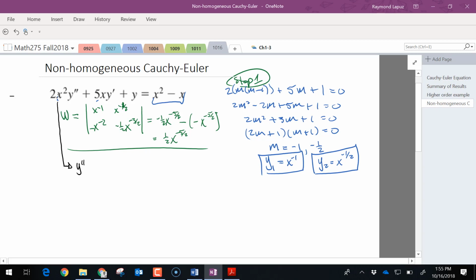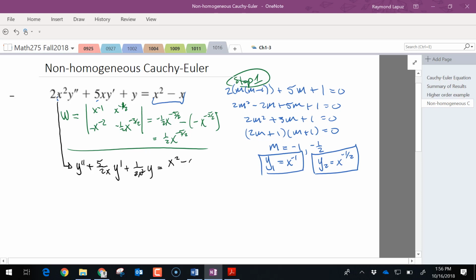So y double prime plus 5 over 2x y prime plus 1 over 2x squared y is equal to, no, W should still be okay because W relies on just the y1 and y2.